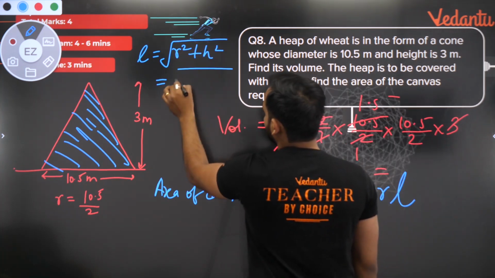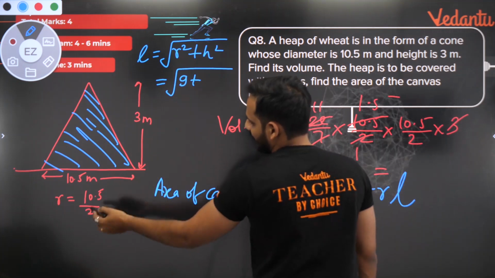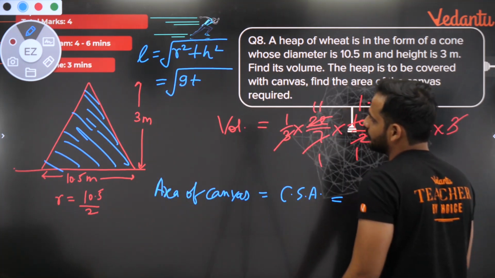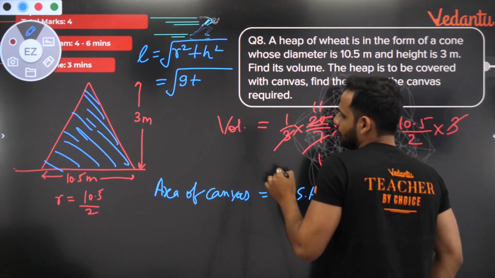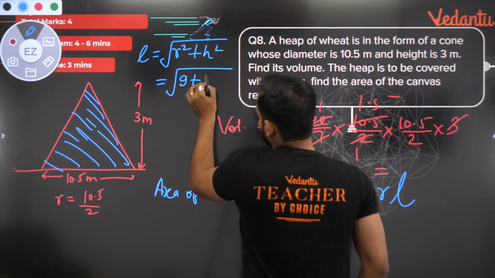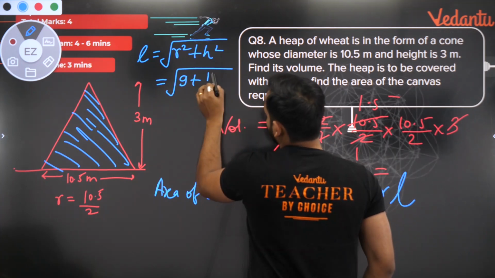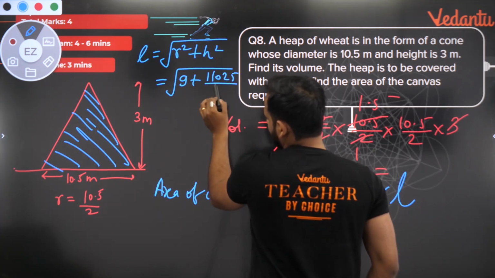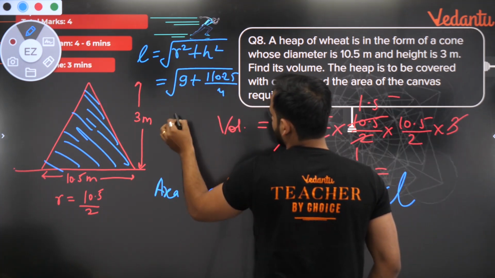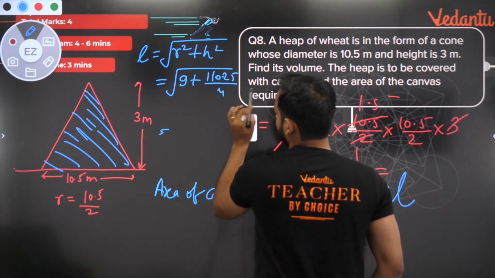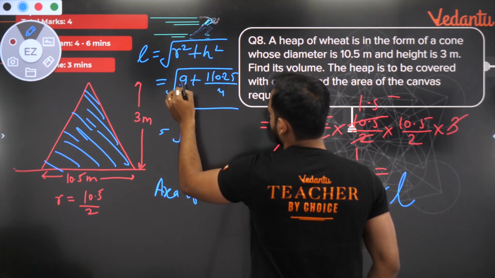So under root of 3 square is 9 plus 10.5 by 2 whole square we have to do. H is 3 and radius is 10.5 by 2. So it will be equal to 9 plus 110.25 by 4, under root of 9 4s are 36.